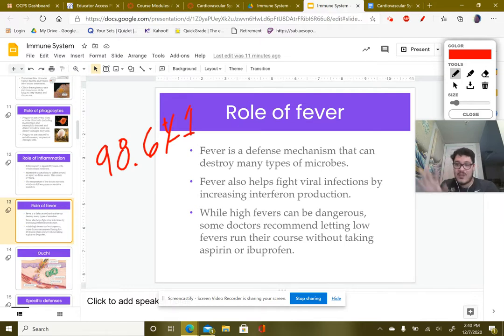You're boiling everything up. The brain, if you were to die from a fever, it's not because you melt inside or anything like that. It's just the brain cannot work at that hot of a temperature. If you ever get hospitalized, or you're in an ER or an ICU, they're going to literally throw bags of ice around you and on you to try to cool your body off as much as possible.